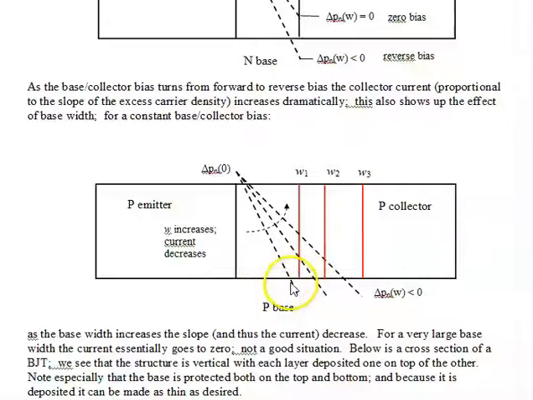So for the short base, I not only get bigger currents, I get maximum control. And if I were to increase W3 way out, this would essentially become almost horizontal, and I would get no current at all.